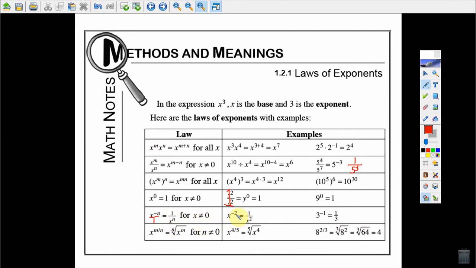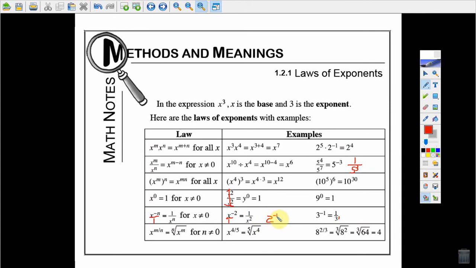So x to the negative 2, remember that's over 1, move it to the opposite side of the fraction bar, and it becomes 1 over x squared. 3 to the negative 1, move the 3 down, it becomes 3 to the positive 1. We don't even usually write that, or just 1/3. And I'm going to throw in my own little example here just because they don't have it. I'm writing with a mouse here, guys, so bear with me.